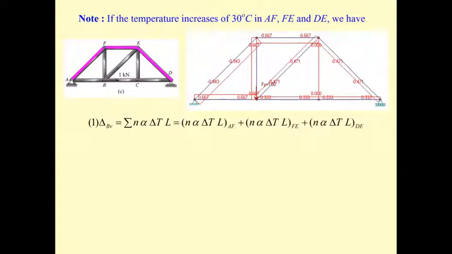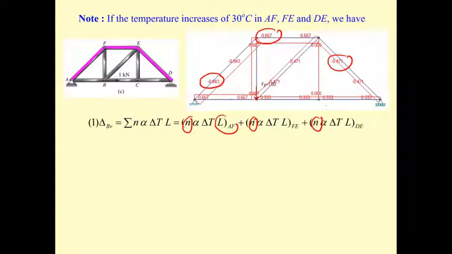You put this one as n sub AF, this one as n sub FE, and this one as n sub ED. And alpha delta T L is different for each; L sub AF is the length of this member.